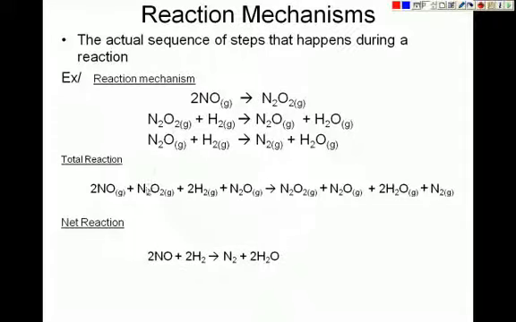Okay, so again, what we canceled out is here and here, and here and here. Or in other words, we canceled out this one, and this one, and N2O, and dinitrogen monoxide. And we're left with 2NO, 2H2, 2H2O, and an N2. And this is what we call our net reaction. This is the reaction that you normally see as a net reaction.